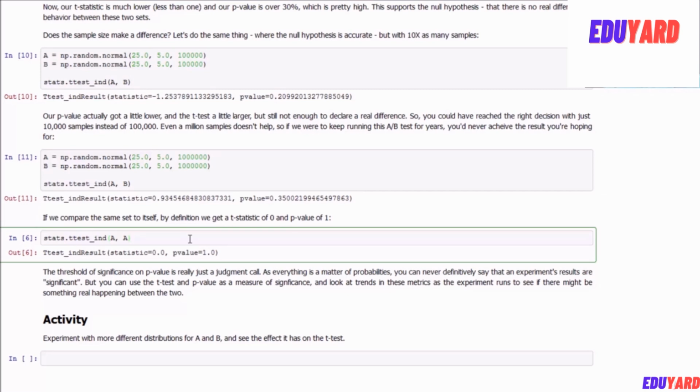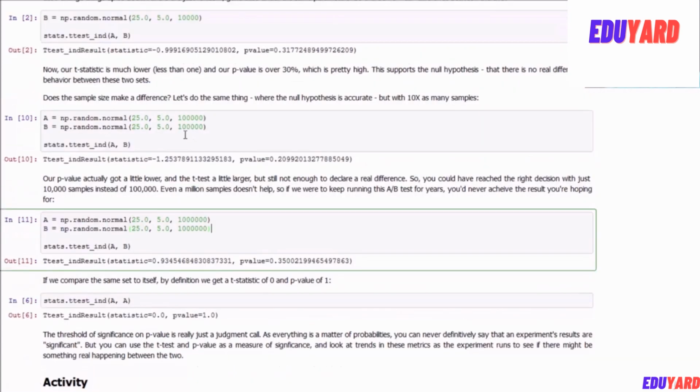So go ahead and play with this, see what effect different standard deviations have on the initial data sets, or differences in means, and get a feel for different sample sizes. I just want you to dive in, play around with these different things, actually run them, and see what the effect is on the t statistic and the p-value, and hopefully that will give you more of a gut feel for how to interpret these results.